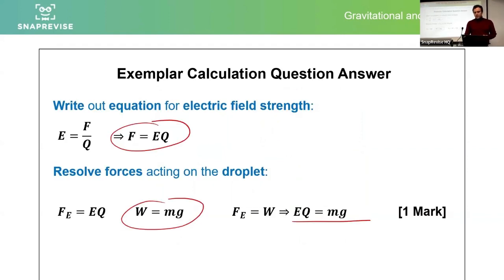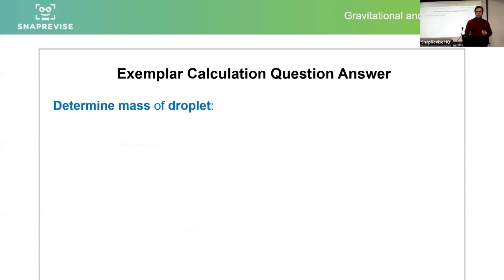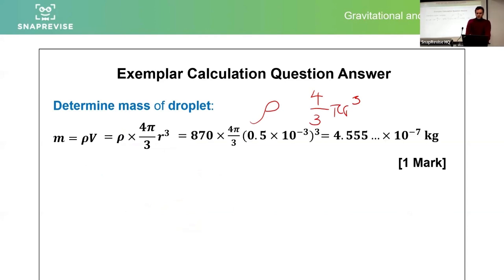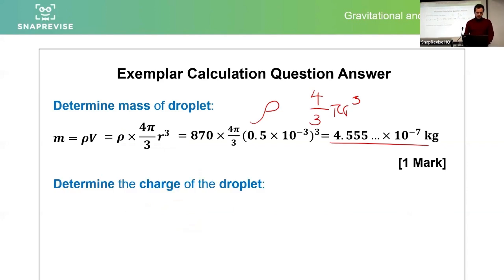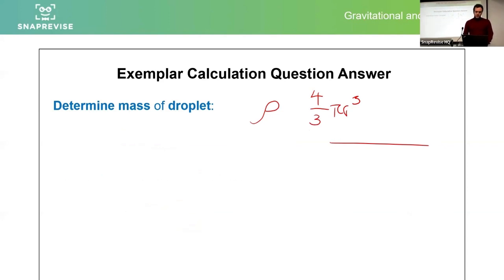We're not given the mass, we'd like to work it out. What we are given is the density, and we're told it's a sphere. So its volume is 4/3 pi r cubed. Mass is density times volume. Multiply those two together. You're given all the information you need to calculate it, and you end up with this as your mass.